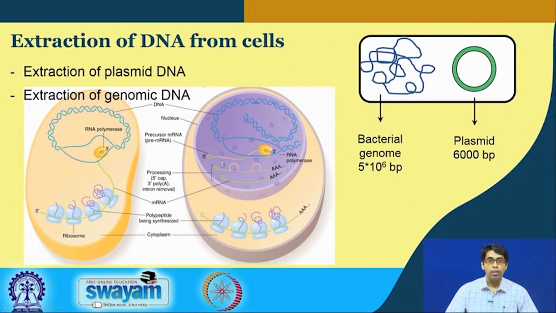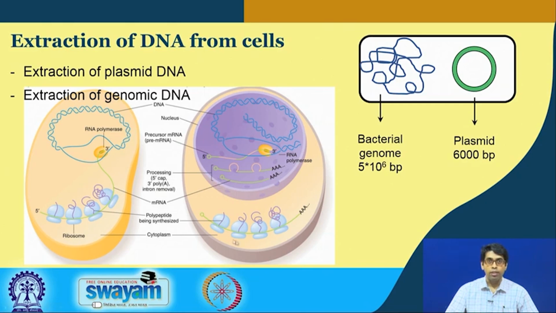So, if you look at the cellular organization, this is how a bacterial cell looks, where everything is in the cytoplasm, and so it means that when we break open the cell, all of these cellular components, the DNA, the RNA that is synthesized, all the proteins that are there, all of these will come out into the cell lysate.